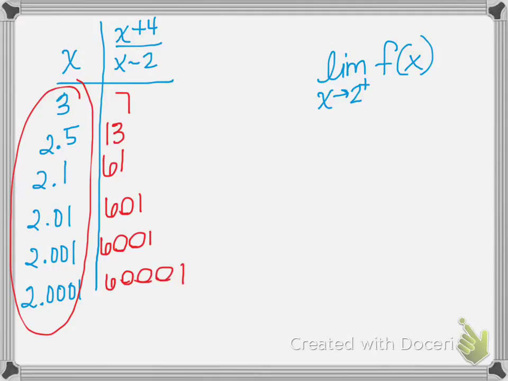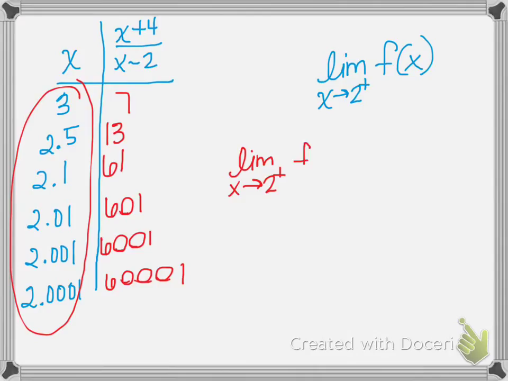What we see is that as x gets closer and closer to 2 from the right, we get larger and larger numbers. In fact, when x is 2.0001, we get 60,001. Those y values are getting larger and larger, and they're not going to approach any one particular y value.